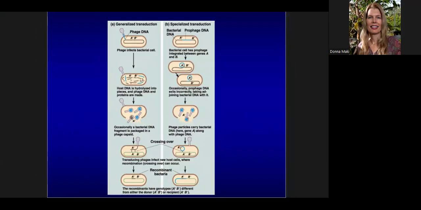All right, I want to point out another word here. Prophage. This is a term that they give specifically. I said phage DNA, phage is referring to viral DNA.